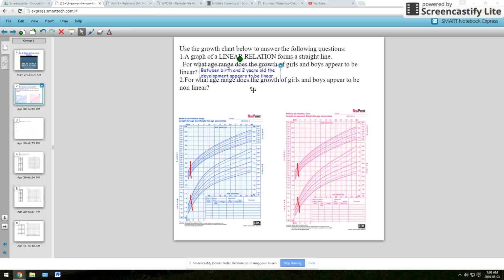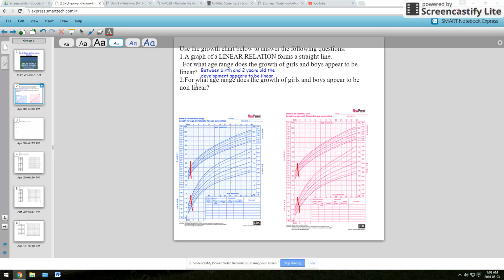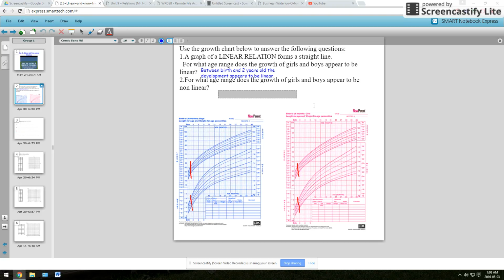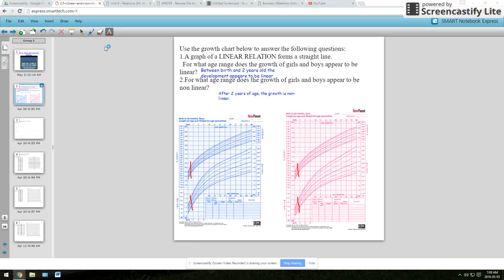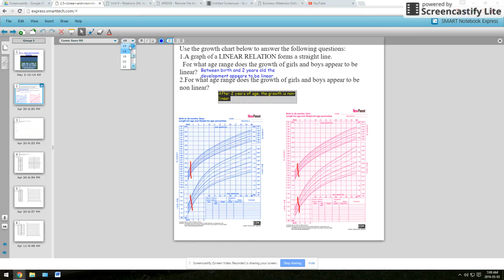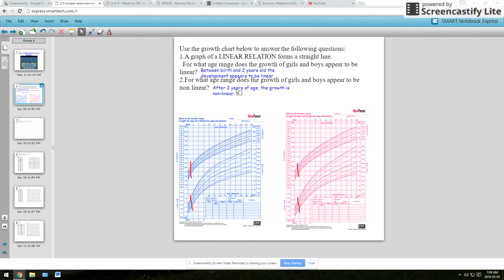Okay, and then for what age range does it appear to be nonlinear? You could say growth is nonlinear. After 2 years of age, it looks like the development is nonlinear. It's curved, right? From this point to 36 months or 3 years.